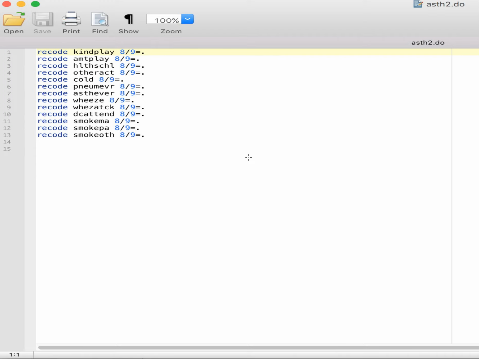Here's also an example of a script that's doing some data cleaning. Here, for example, we're seeing that this variable kind play should be interpreted for the analysis as a missing value if the entered code was either an 8 or a 9. Now, it brings up another issue. Should you use a missing value code in your gold standard file?